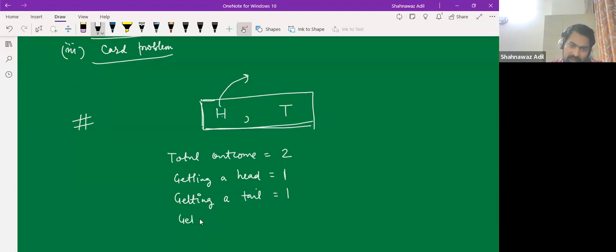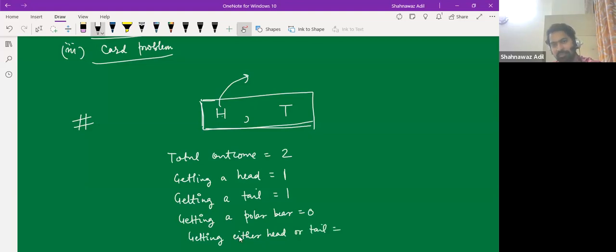Getting a polar bear, how many outcomes? Zero. Getting either head or tail, how many outcomes? Two.